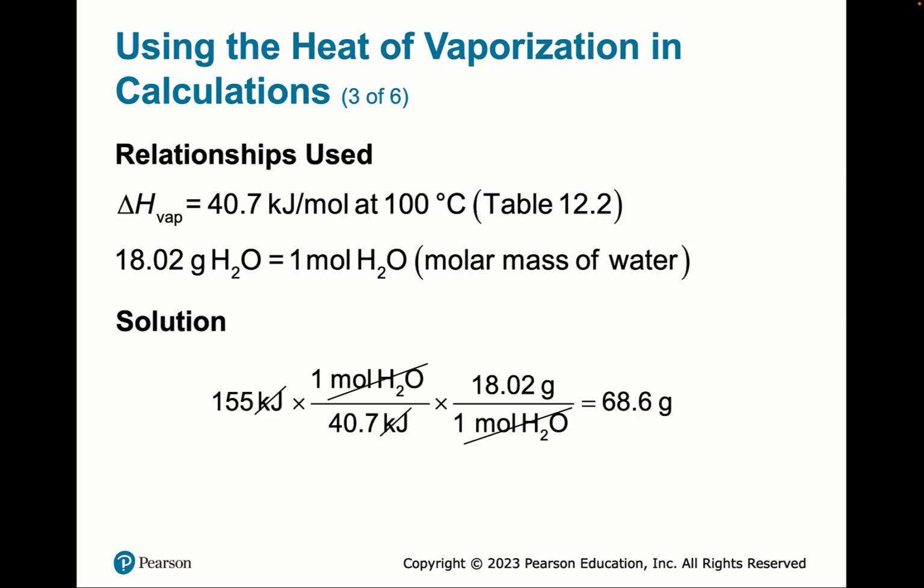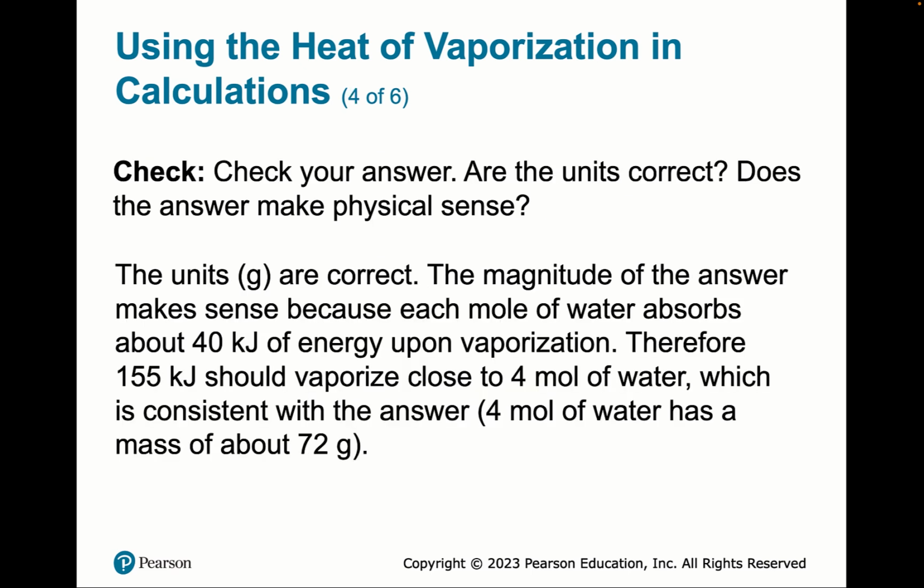So let's go ahead and do this. 155 kilojoules, and then one mole of water per 40.7 kilojoules of heat, and then 18 grams of water per mole of water, and we get 68.6 grams of water. Does this make sense? It seems about right.